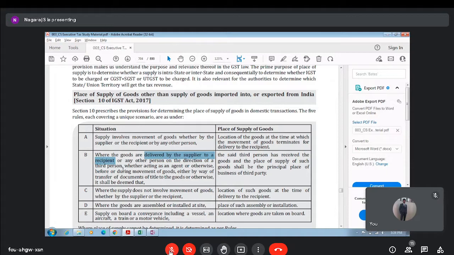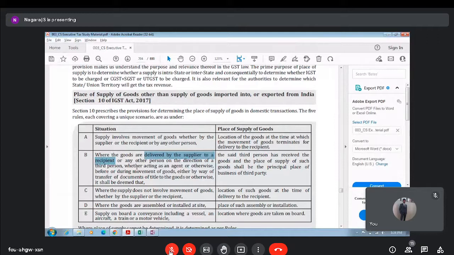And the second transaction, if you and that person stay in the same state, that will be intrastate. If you stay in different states, that will be interstate. I am the supplier of the goods to him actually, but on your direction I am supplying to him. That means there is a triangle transaction. One from myself to you and another from you to him.